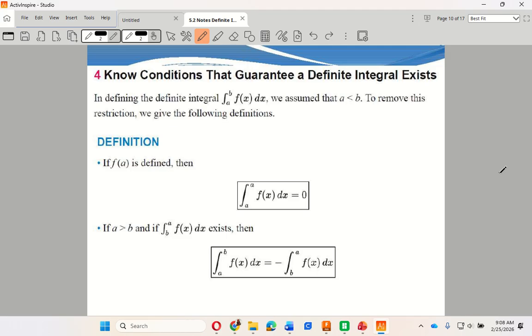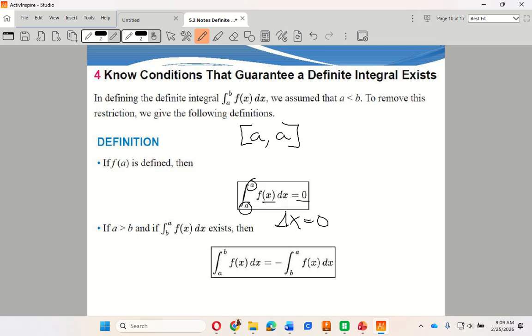So this says that the area under the curve from A to A is going to be 0. What is my delta x? Delta x is 0.